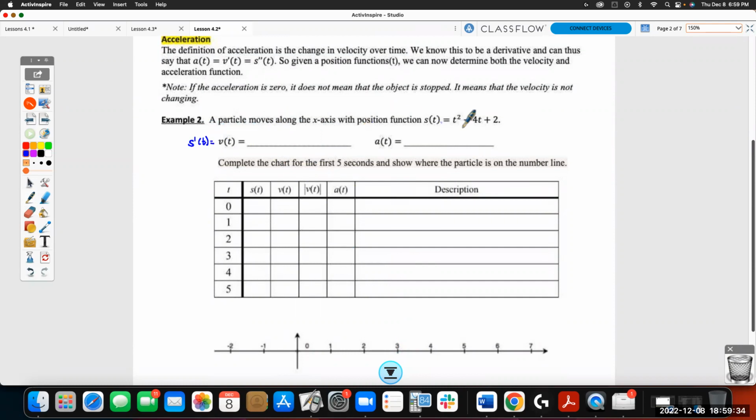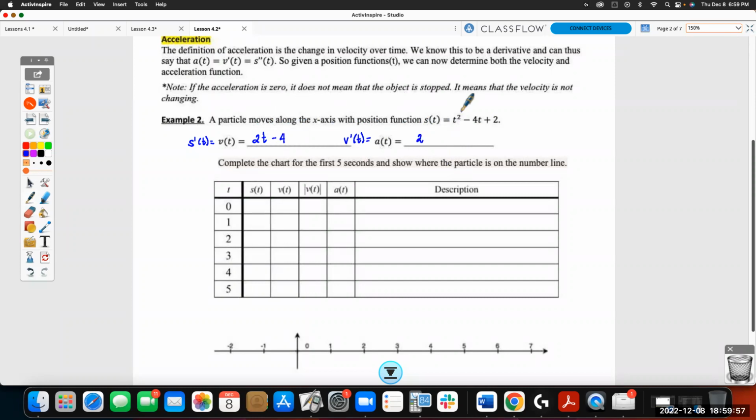So we get the derivative of this, you get 2t minus 4. And then the acceleration function, on the other hand, is the derivative of the velocity. So we take this velocity, get the derivative, so a of t is equal to 2.